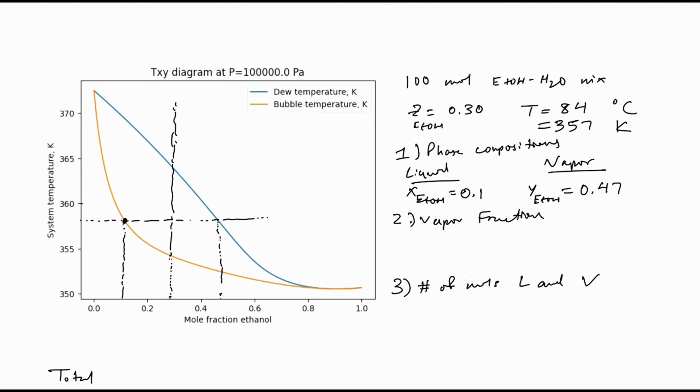Remember, the vapor fraction we computed earlier is V over F equals (Z minus X) over (Y minus X).